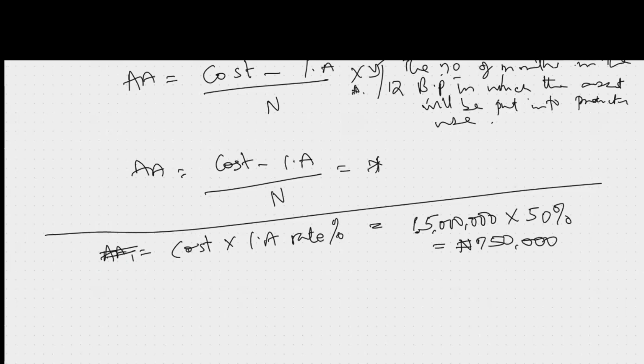Now our annual allowance will be cost minus initial allowance, divided by n, multiplied by y over 12. Let's take it one after the other. So I will have 15 million, this is 7.5.